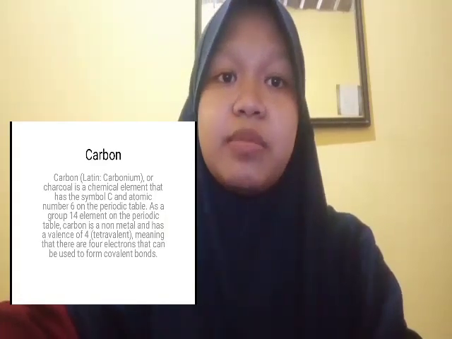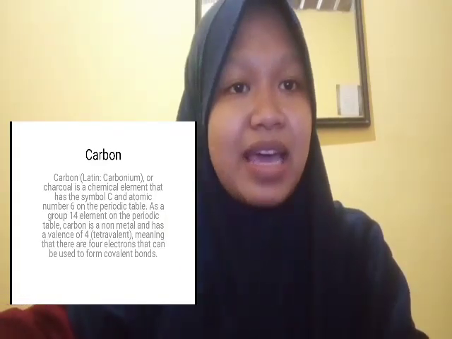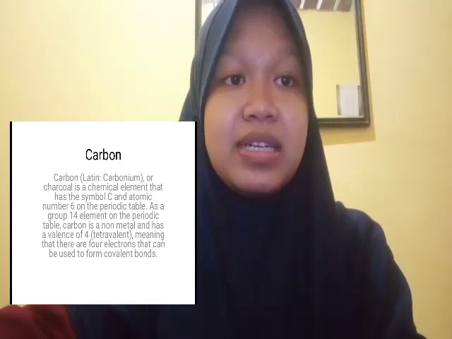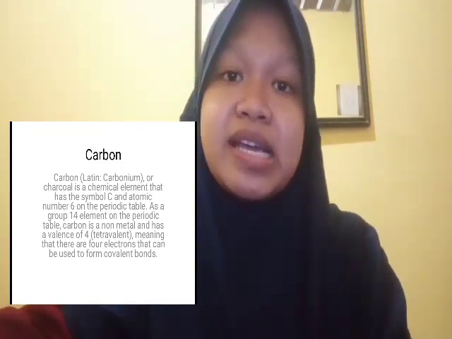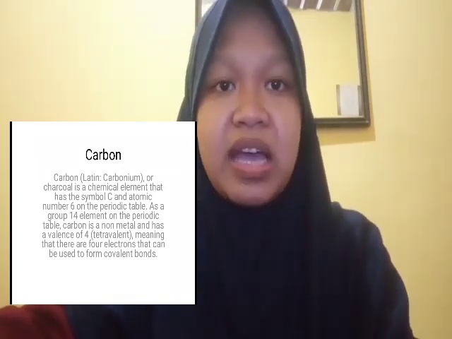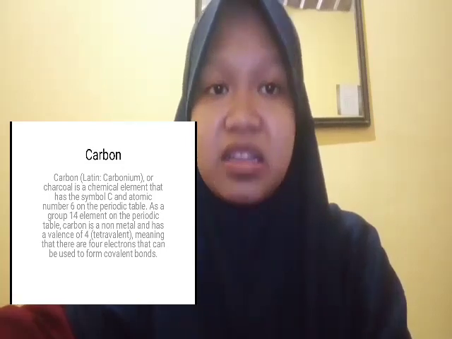Okay, for this material, I want to tell you about the definition of carbon. So what is carbon? Carbon, or carbonium or charcoal, is a chemical element that has the symbol C and atomic number 6 on the periodic table, as a group 14 element.